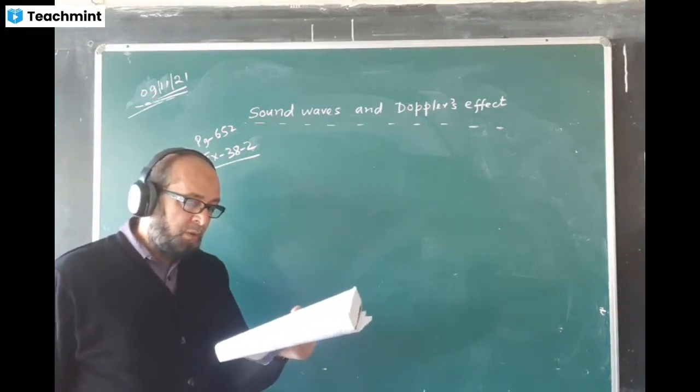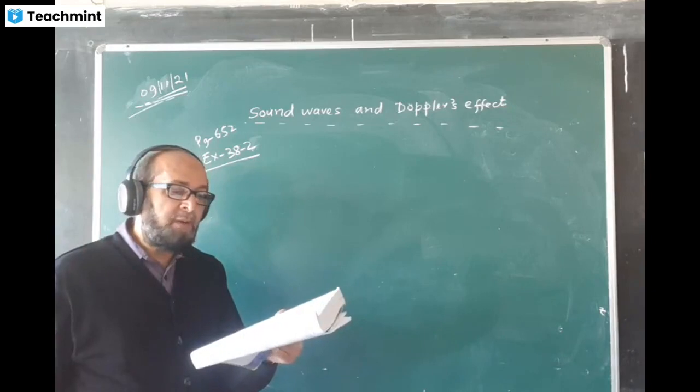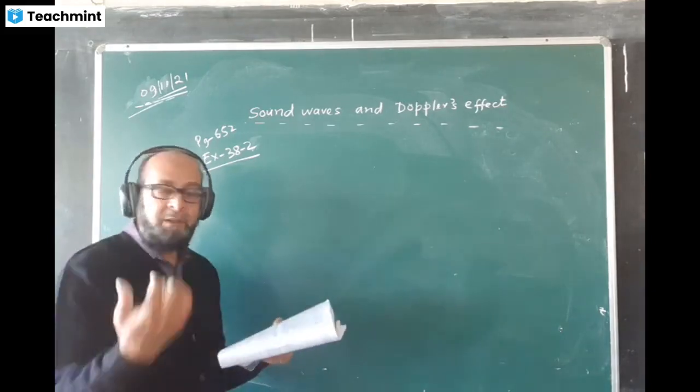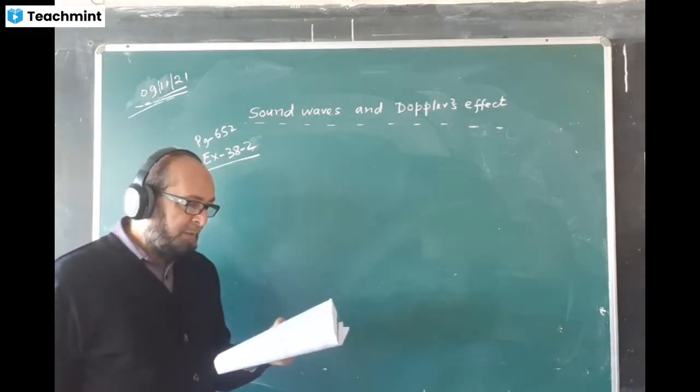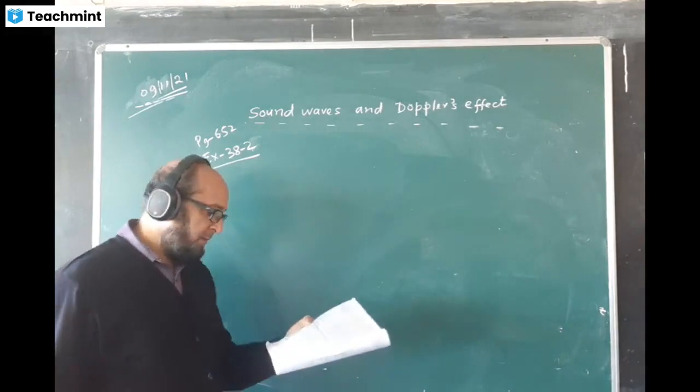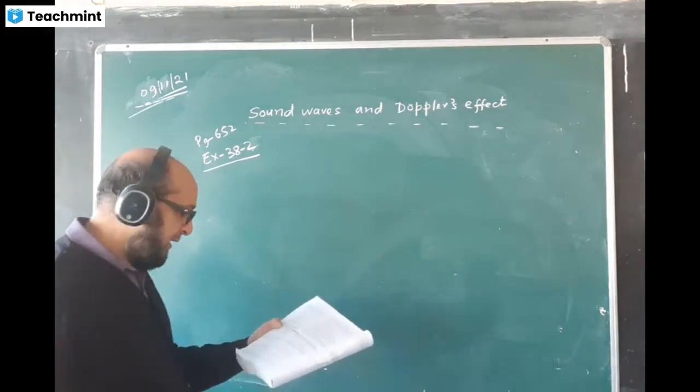Calculate the frequency of sound heard by a standing observer on the platform when the train is approaching, and second part, when it is leaving. The velocity of sound is given as 340 here.